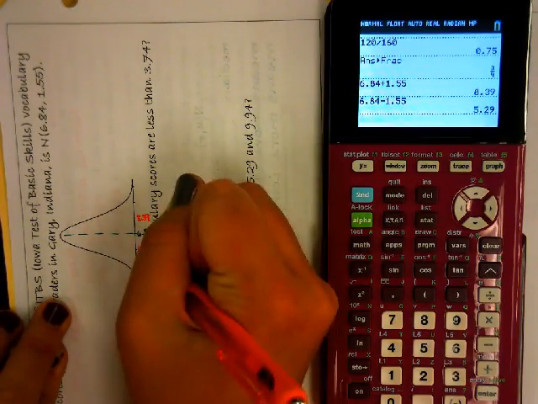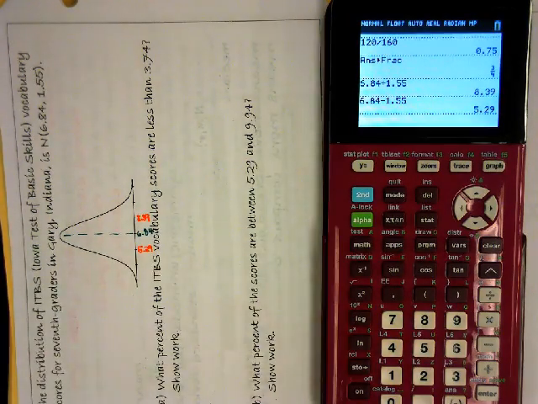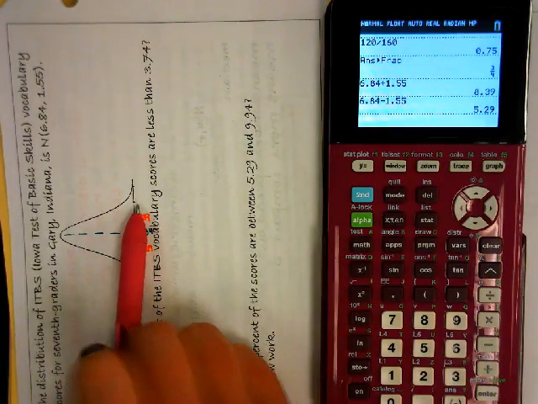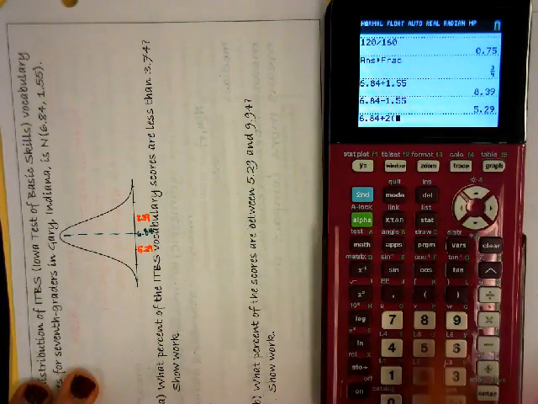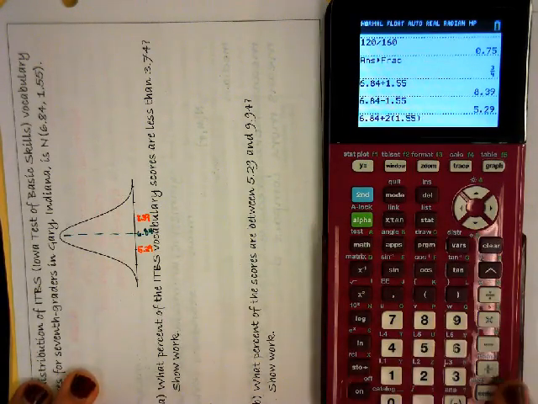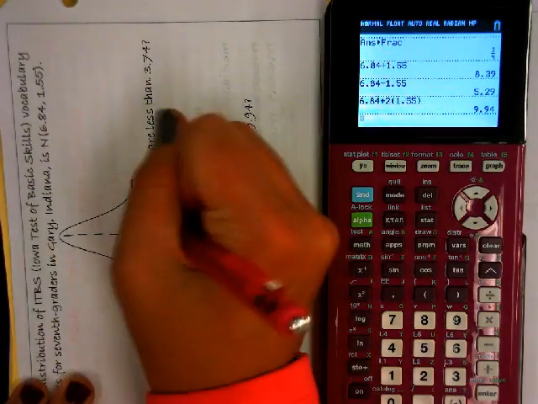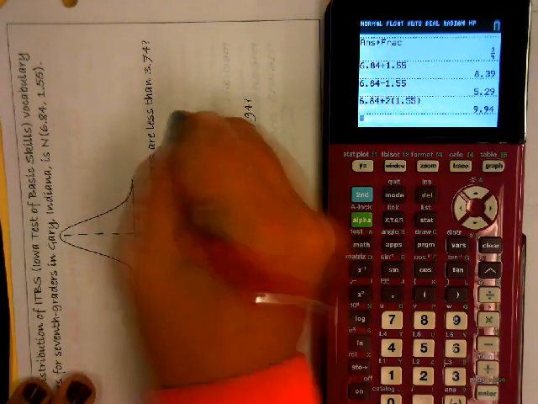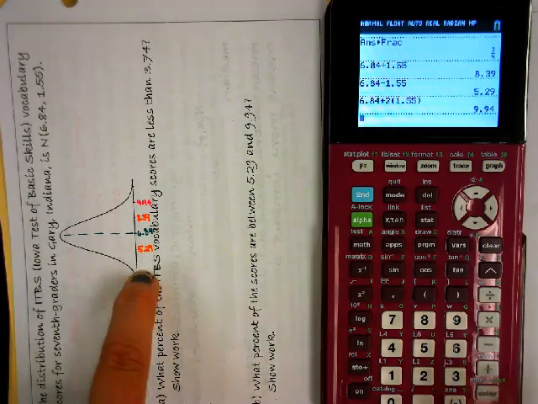The next hash mark is two standard deviations above. So 6.84 plus 2 times the 1.55, two standard deviations, which would give me 9.94. This hash mark down here is 2 below, so 6.84 minus 2 times the 1.55, which is 3.74.